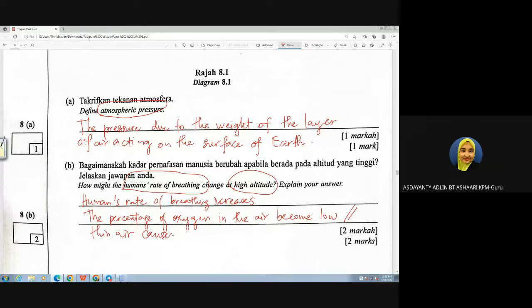Thin air causes the atmospheric pressure to become low.